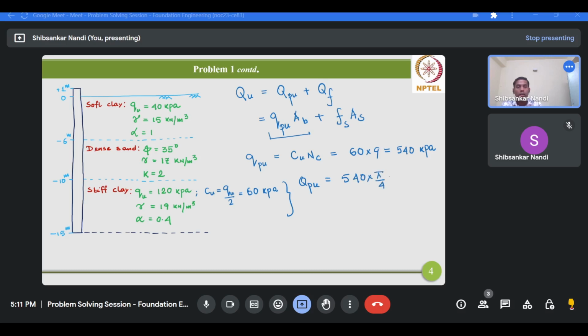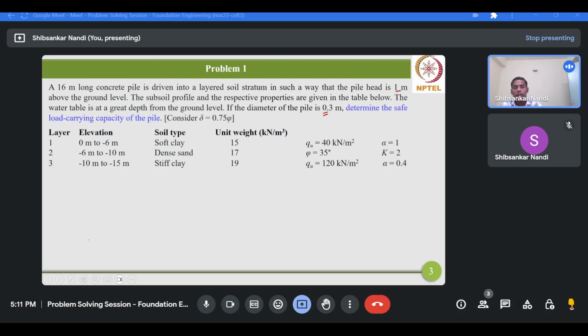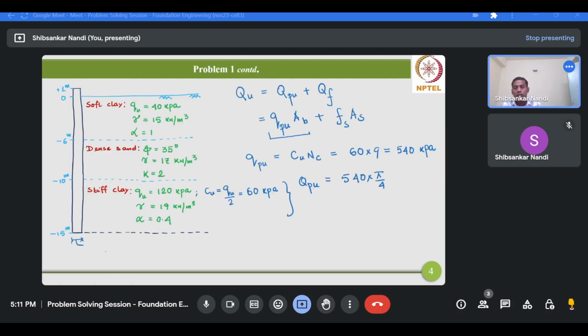AB is nothing but pi by 4 D square, and this D is the diameter of the pile, so it is given as 0.3 meter for the present problem.